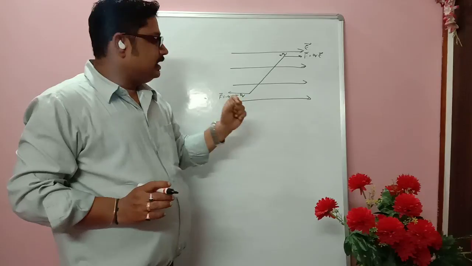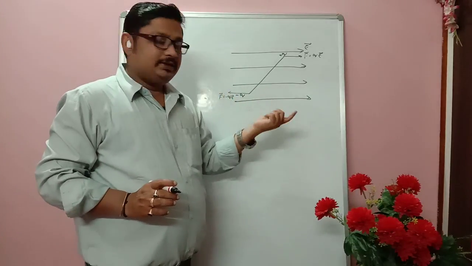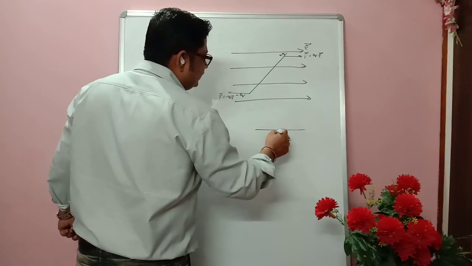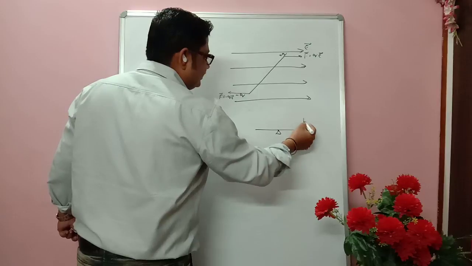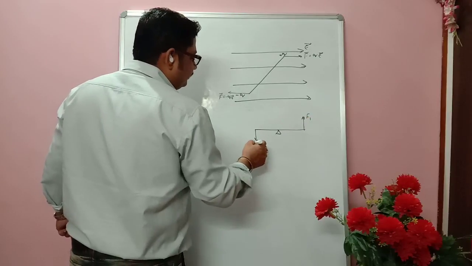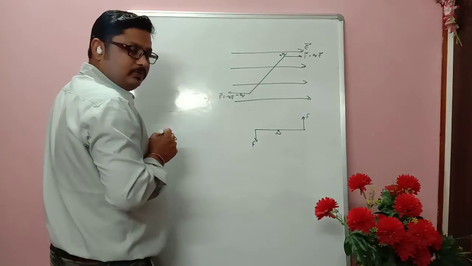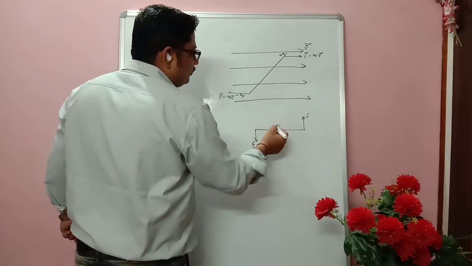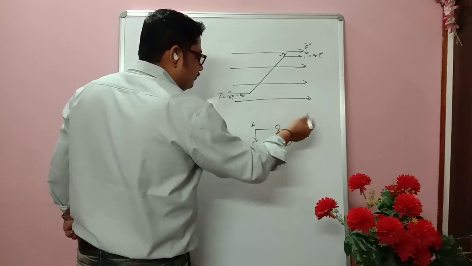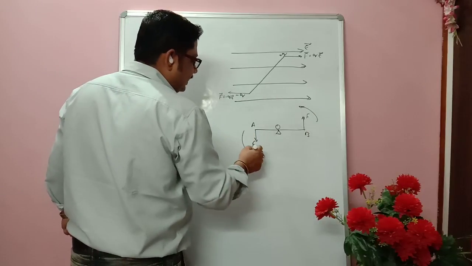The moment due to a couple: suppose a rod is placed here, and two equal and opposite forces F1 and F2 are working in opposite directions, and this is the point of rotation O. Suppose this point is A and this point is B. Then the sense of both forces is in the same direction, that is anti-clockwise.